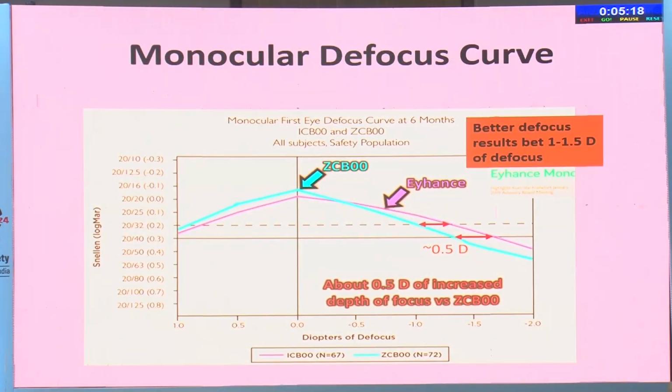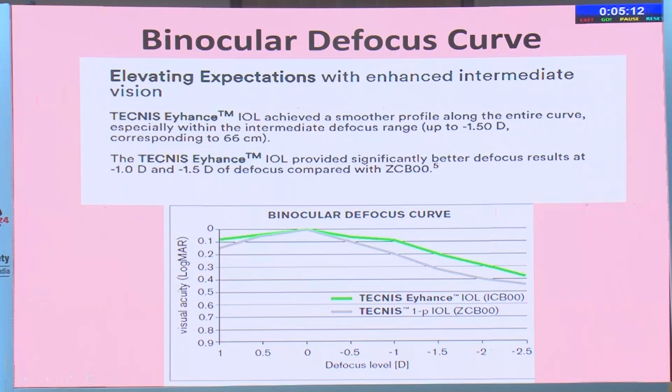The monocular defocus curve shows better defocus results between 1 to 1.5 diopter, and even the binocular defocus performs better, and it achieves a smoother profile along the entire curve, especially within the intermediate defocus range.